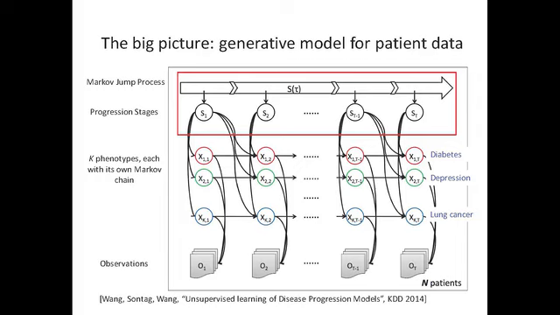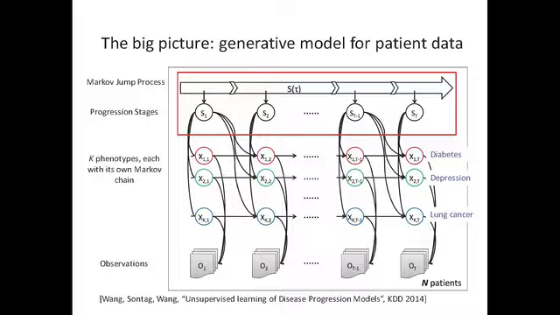It's a model that specifies the distribution of the patient's data, which is shown here in the bottom, as it evolves over time, according to a number of hidden variables that are shown in the top, these S variables that denote disease stages, and these X variables that denote comorbidities that the patient might have at that point in time. These X and S variables are always assumed to be unobserved. So if you were to clump them together into one variable, this would look exactly like a hidden Markov model.